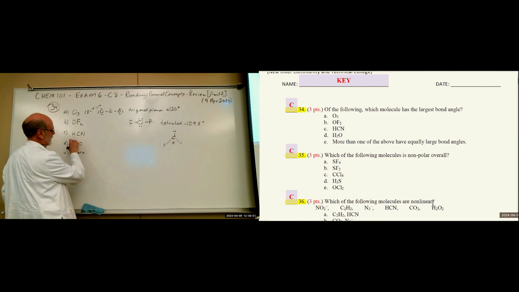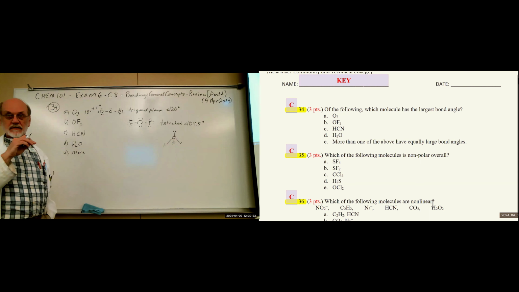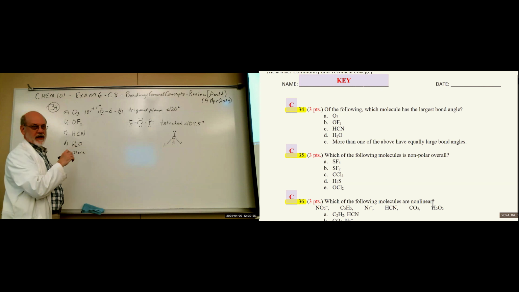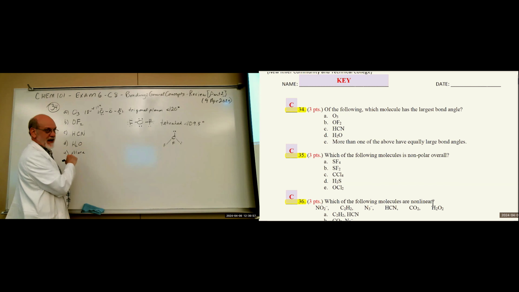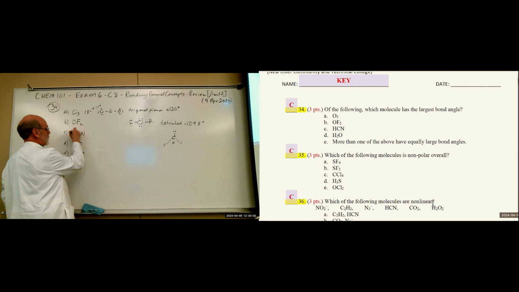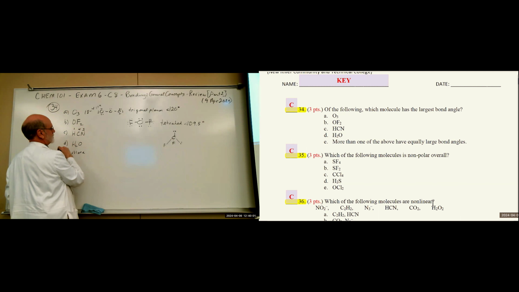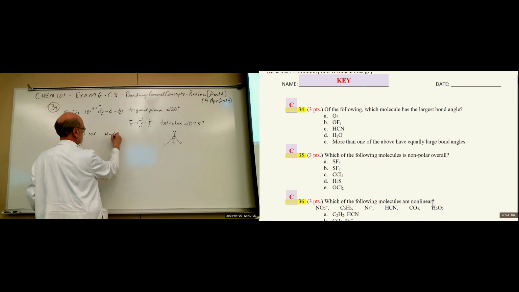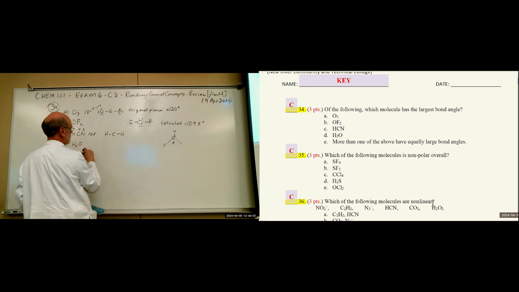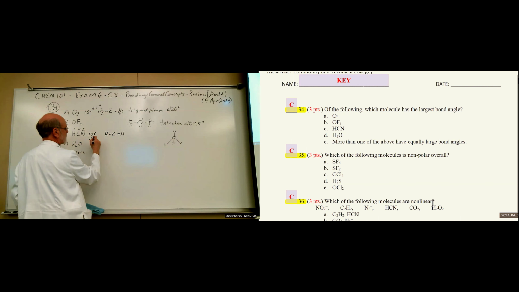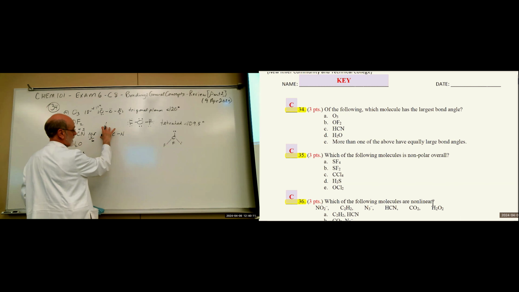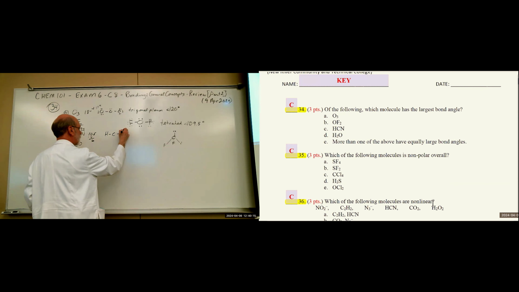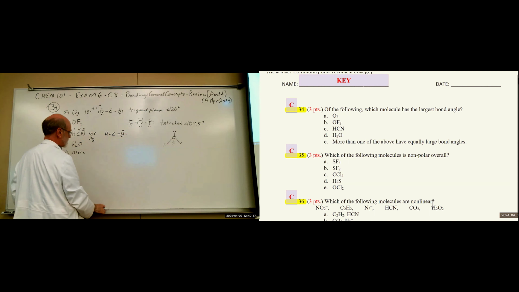How about this one? HCN, do you remember that one? Do we need to do that one longhand? Hydrogen cyanide, sure. 1, 4, and 5, right? So we have 10 electrons. HCN. So that's 4, gives us 6. Can't put any more around hydrogen, so we work from the outside in. 2, 4, 6, right?